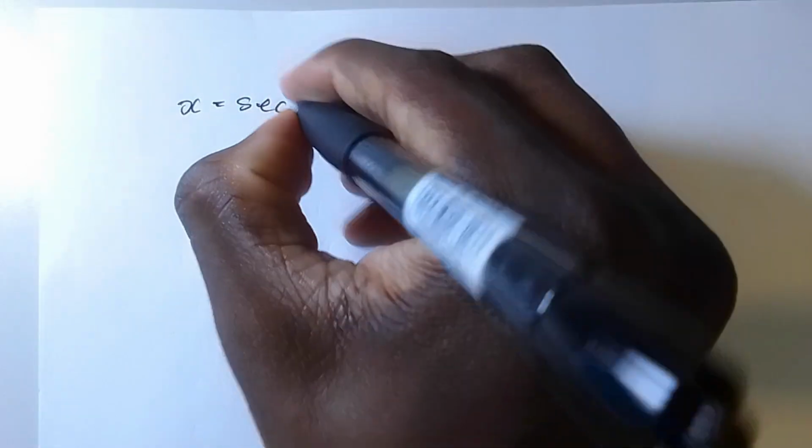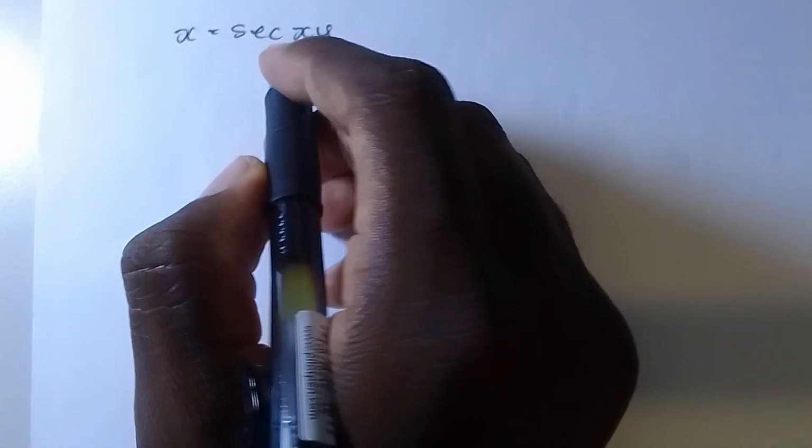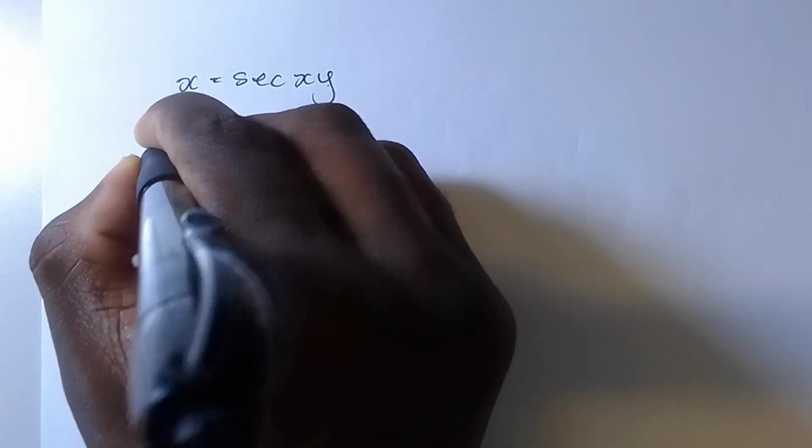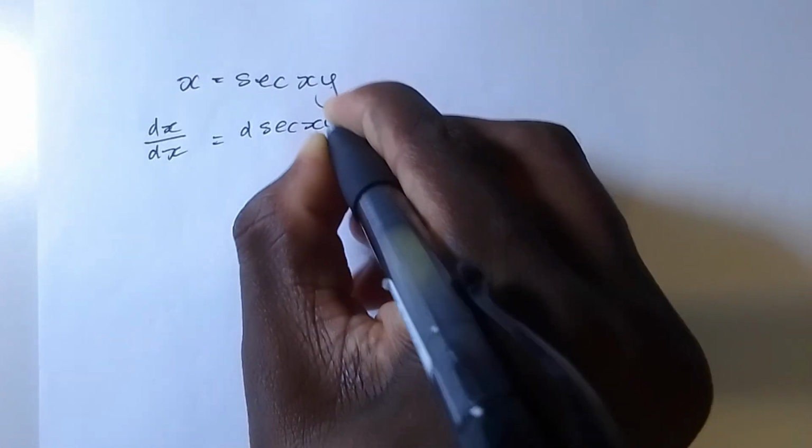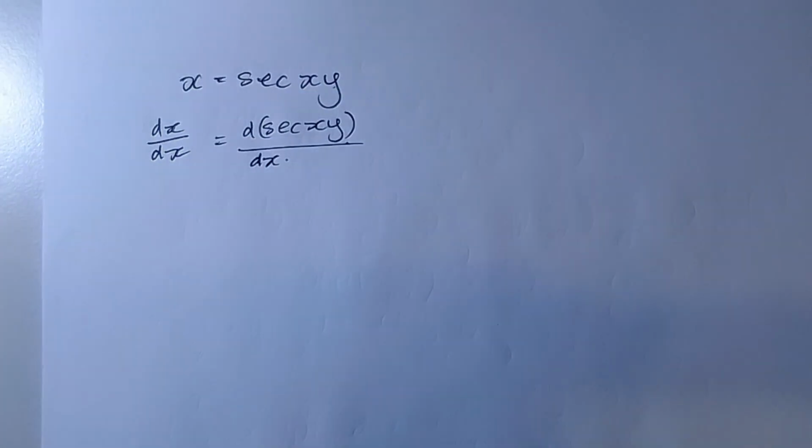Let's say I have x equal to sec xy. So we have to use implicit differentiation to differentiate this. How you do that is you find the derivative of both sides, this just cancels out.